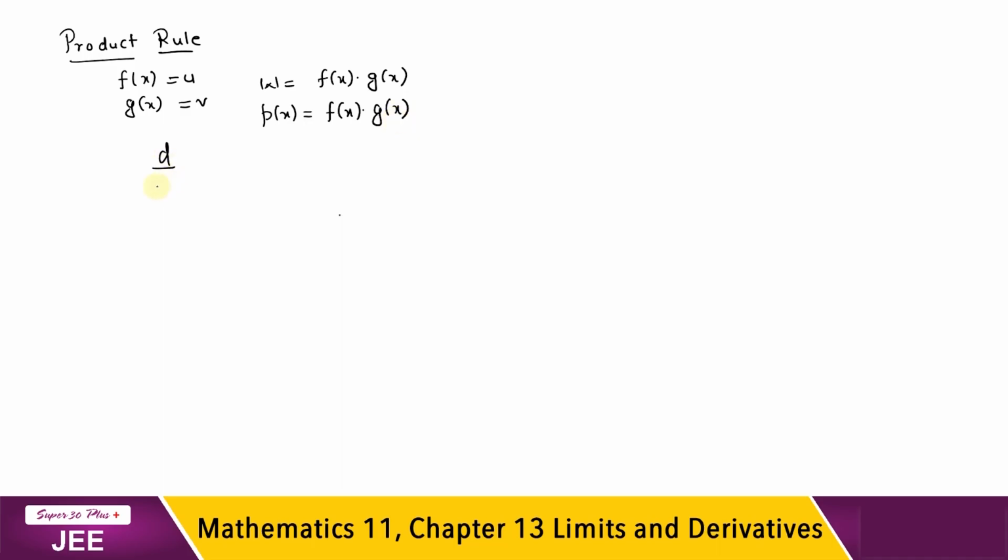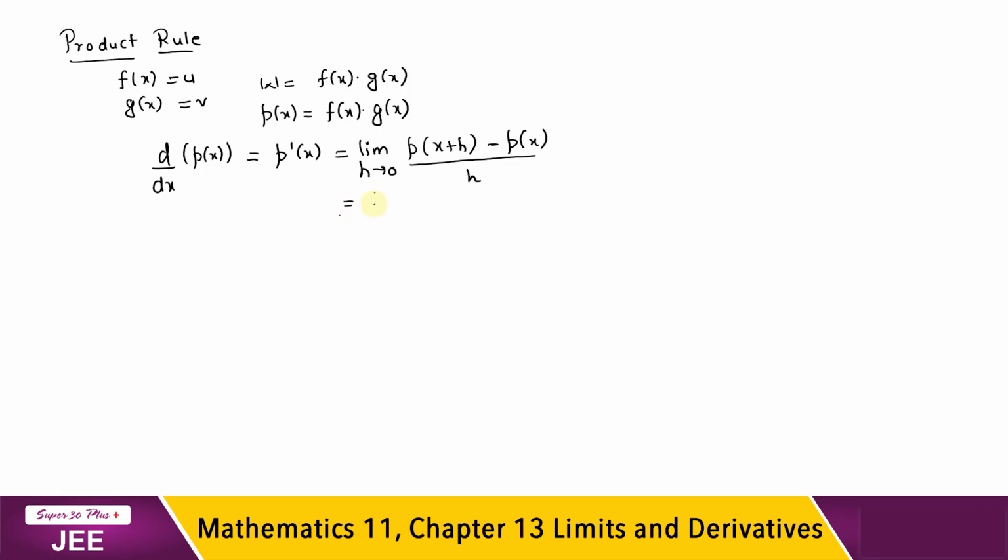We are interested in finding the derivative of p(x) with respect to x, which is equal to p'(x). And by first principle, in terms of limit, we can write it down as limit h tending to 0 of (p(x+h) minus p(x)) whole divided by h.